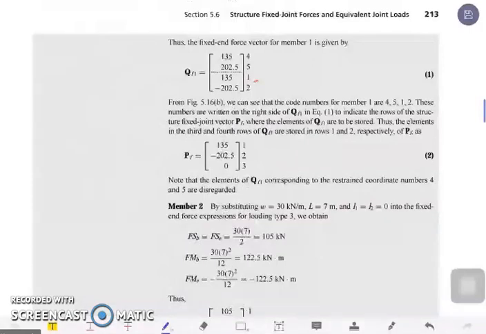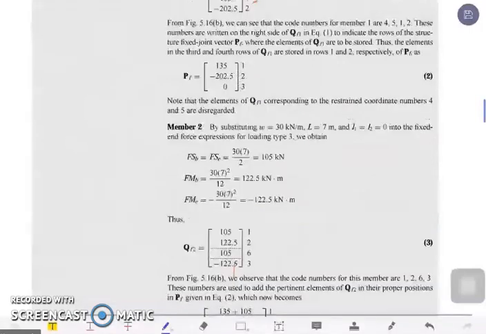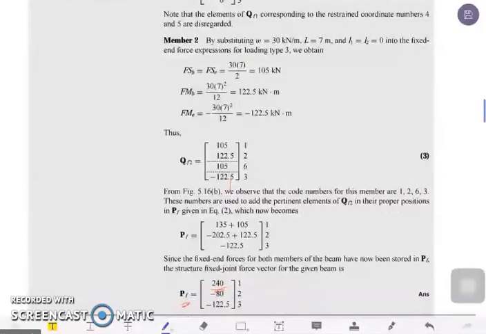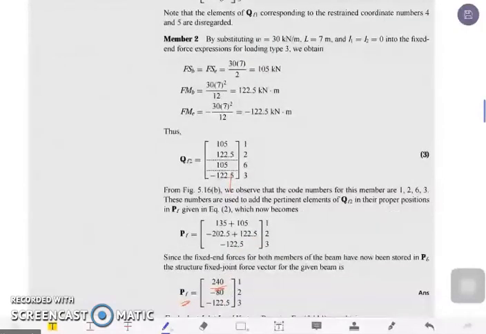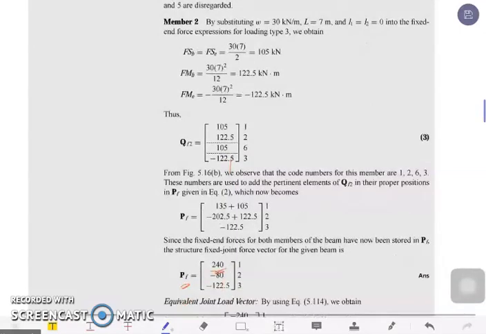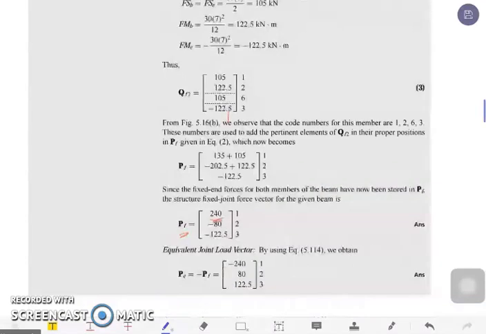For member 2, there is code number 3, so you have to write that one. So for our result, you have 240, negative 80, and negative 122.5. So this is now the value for our P sub F, our structure fixed joint force vector.